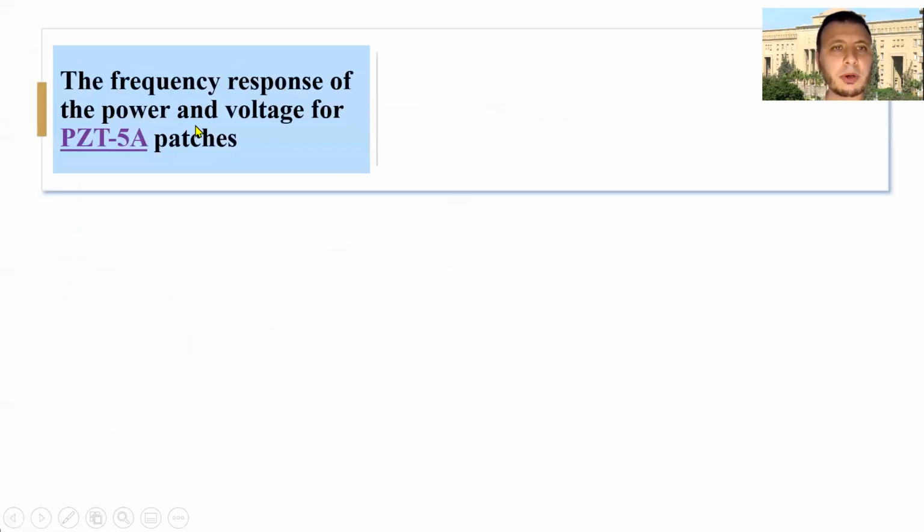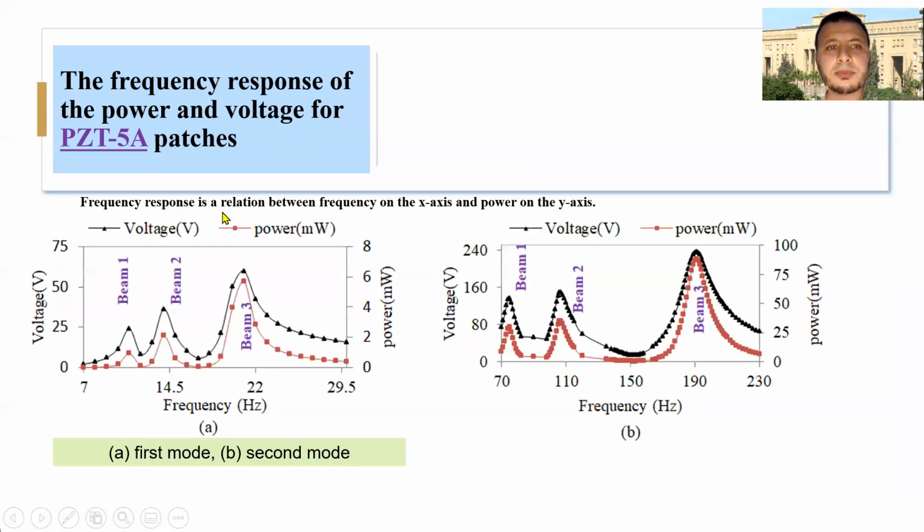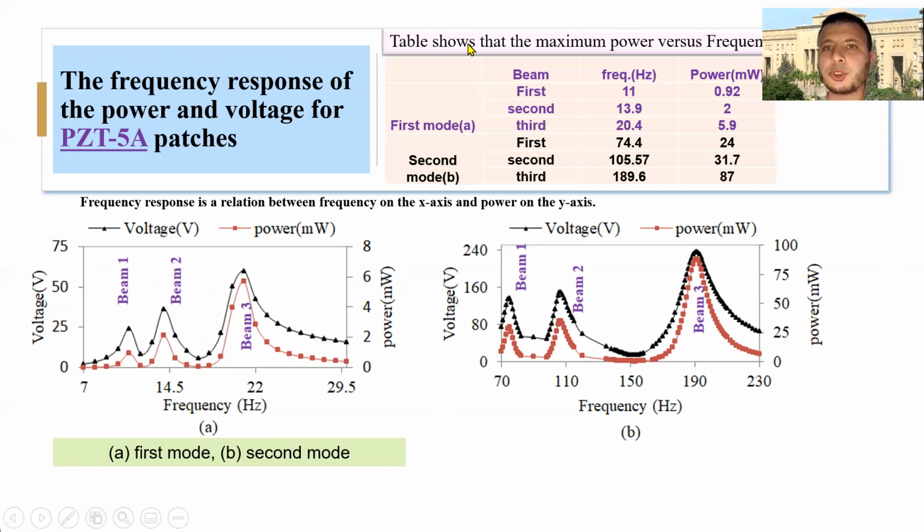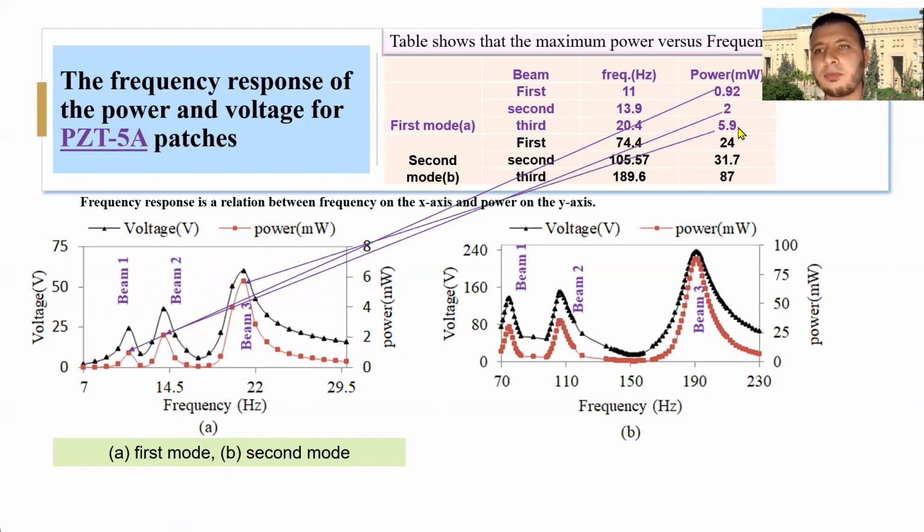Frequency response for the power and voltage of PZT-5A patches. Frequency response is a relation between frequency on the x-axis and power on the y-axis. The table shows the maximum power. For the first mode, the power of the first peak is 0.92, of the second peak is 2 milliwatt, of the third peak is 5.9.